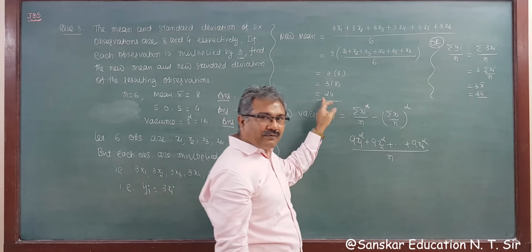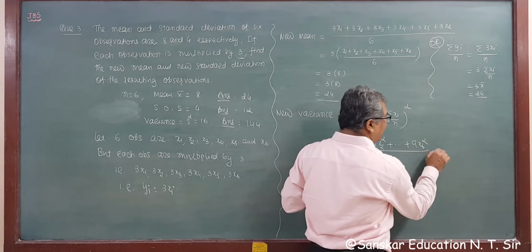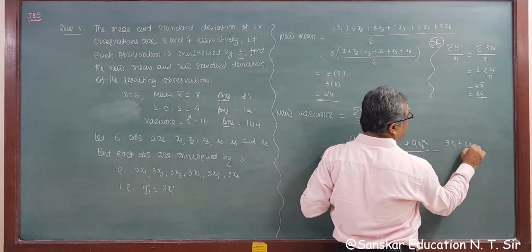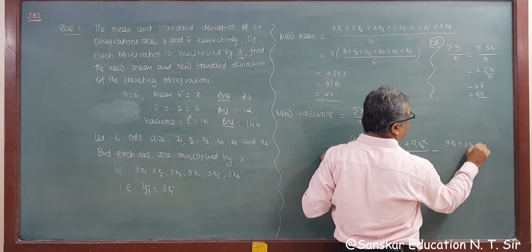Either you can write it like this also: 3x1 plus 3x2 plus up to 3x6, whole upon n, whole square.